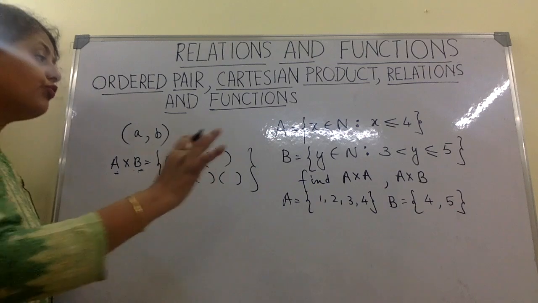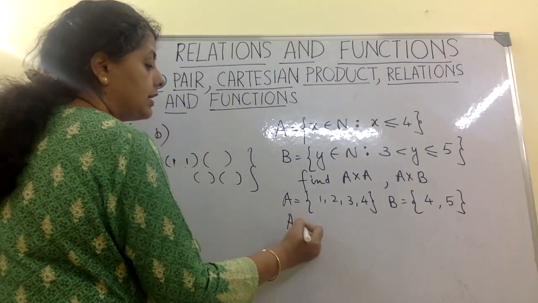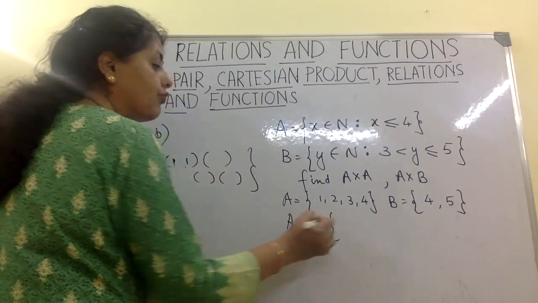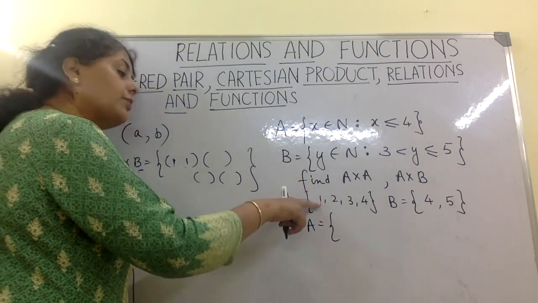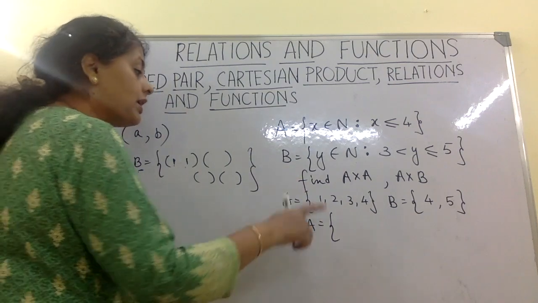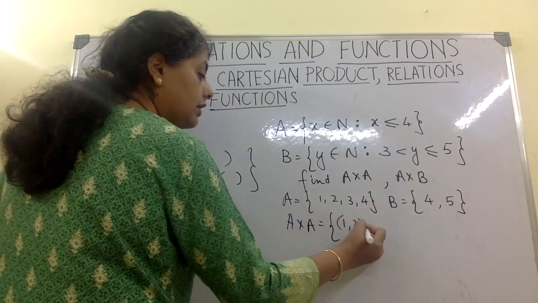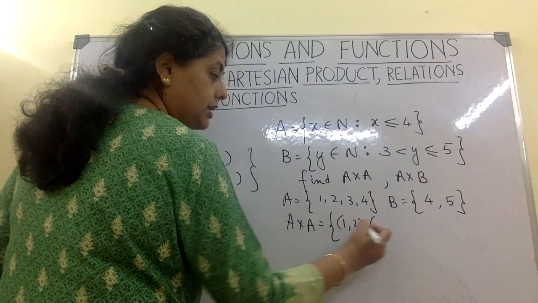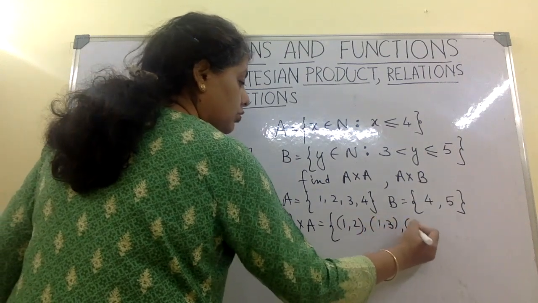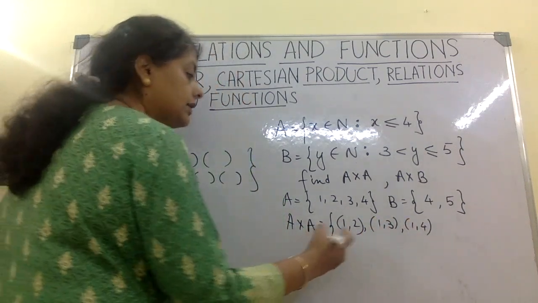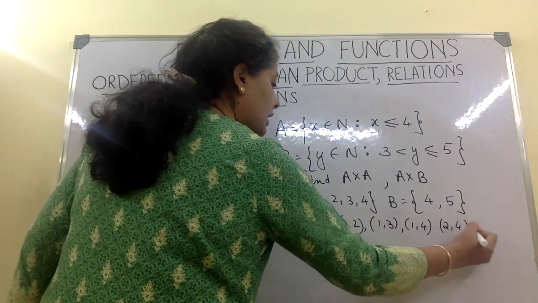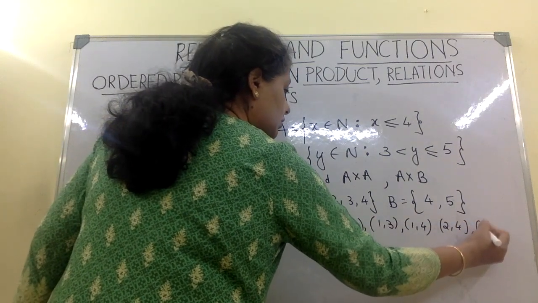So now we will find A cross A. Now what does A cross A mean? We'll make ordered pairs only from the elements of this set. So one is 1, 2, comma. See, one ordered pair done. 1, 3, 1, 4. And then 2, 4, and then 2, 3.